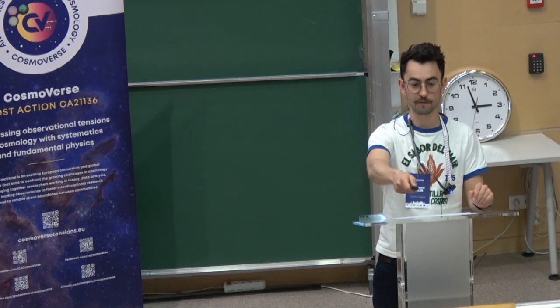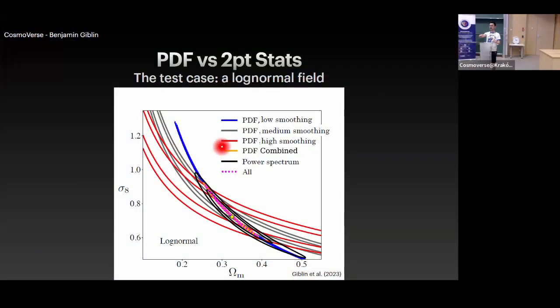And we see a very different picture here, where the combination of the PDFs produces a very, very small orange contour which falls here, and it greatly outperforms the constraining power of the power spectrum. And that's because it's accessing that information that's beyond second order.